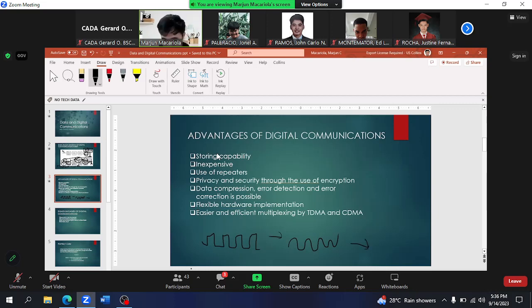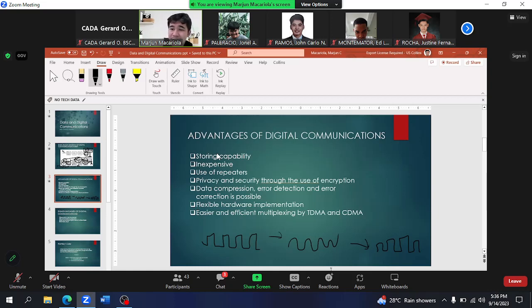Okay? So, babalik siya sa digital signal. Okay? So, with the use of repeaters, the loss, decrease, and degrade of property of the signal will be eliminated.